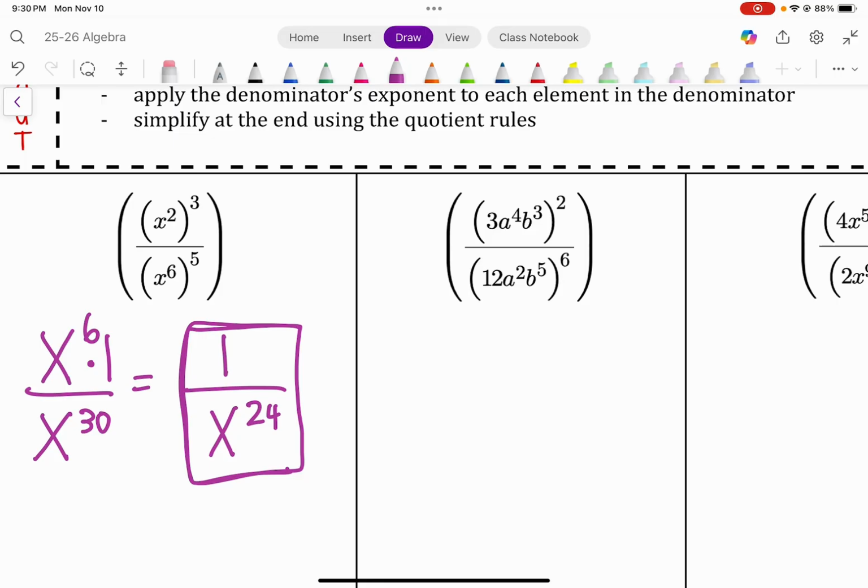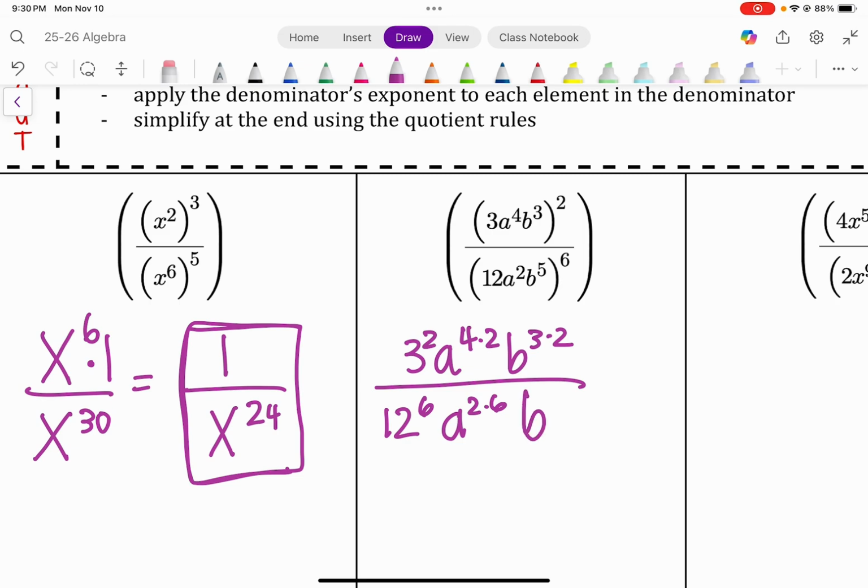Next, we've got everything in the numerator gets a 2. So 3 squared, a to the 4 times 2, b to the 3 times 2, divided by 12 to the 6th, a to the 2 times 6, b to the 5 times 6.